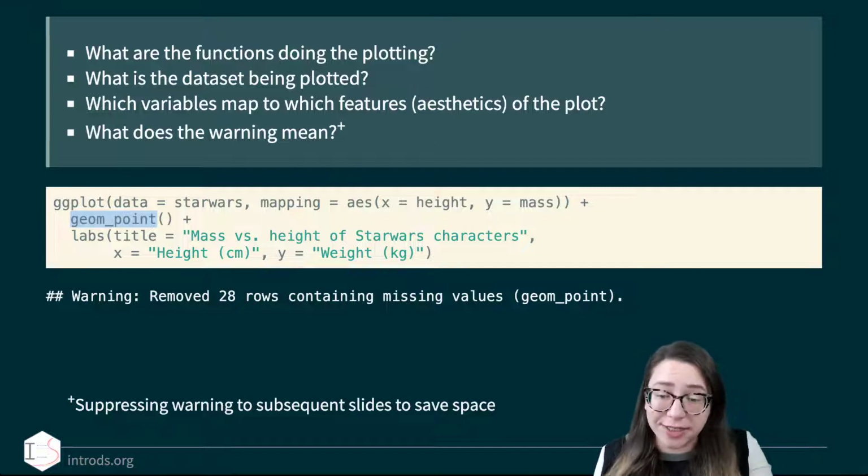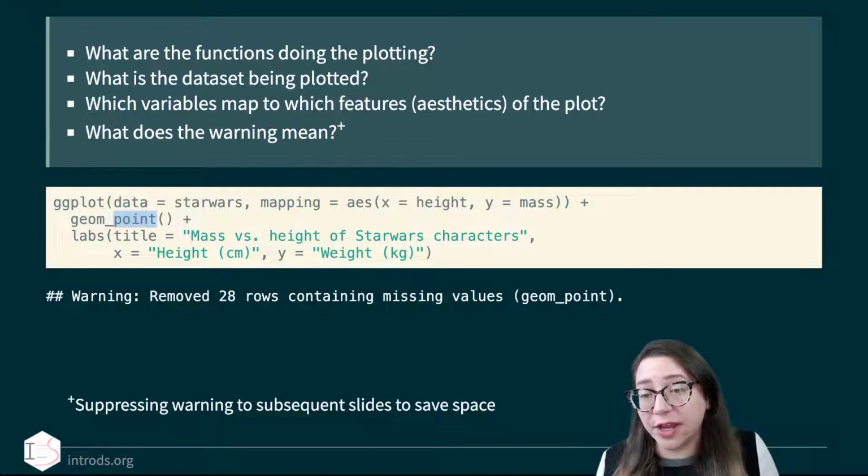So once we have our data and our aesthetic mappings, then we add our geometries. And here what we mean by geometries is what sort of a geometric object should each data point be represented with on my visualization. I want each data point to be represented as a point. So the function that I use is geom_point.